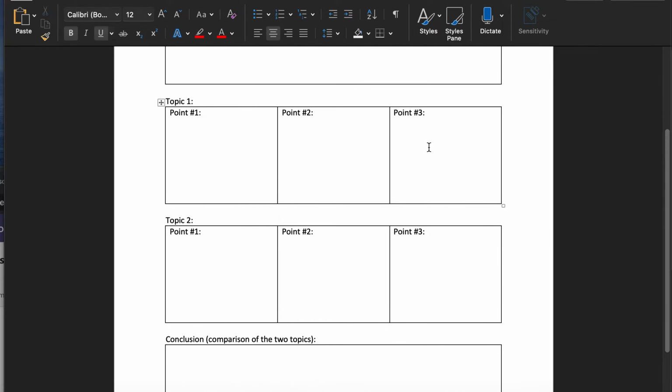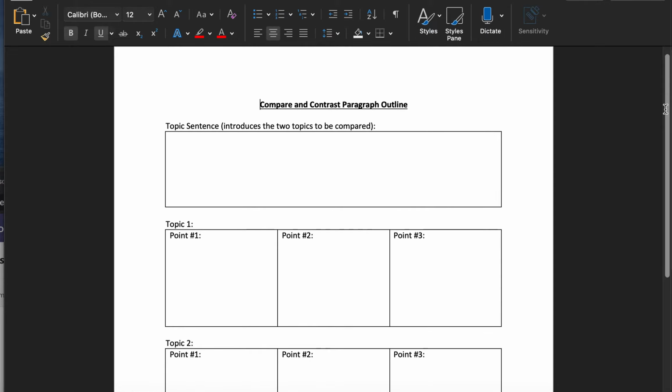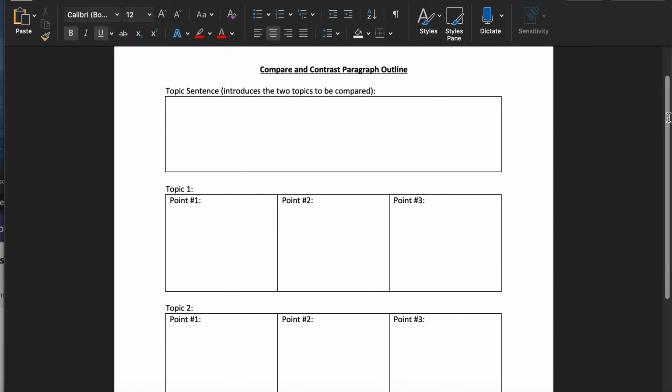In our example paragraph, that's processed foods, three points about processed foods. Then healthy foods, three points about healthy foods, or fresh foods, sorry. And then a conclusion. Again, I'll make this document accessible for you when it comes to doing your own practice writing on Wednesday.